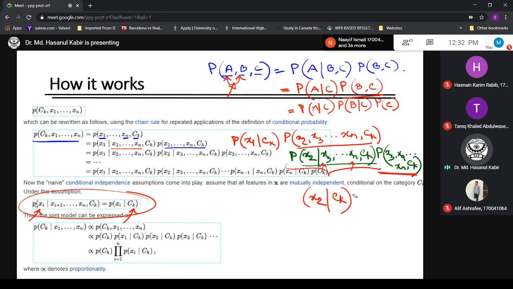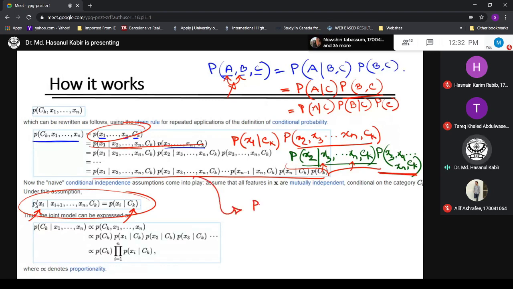So that means if we come up from here to there, and if you go on expanding, you will see that this will end up being probability of x1 given class, probability of x2 given class, and this way probability of xn given class. And finally, what do we have?